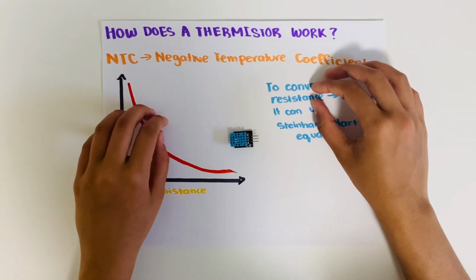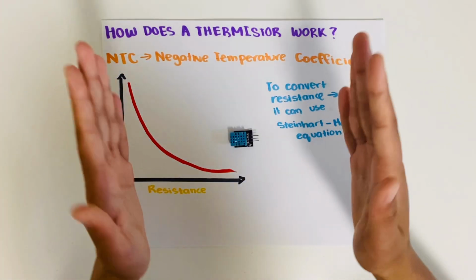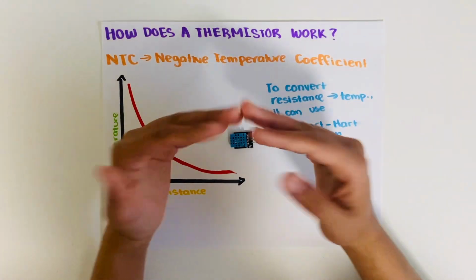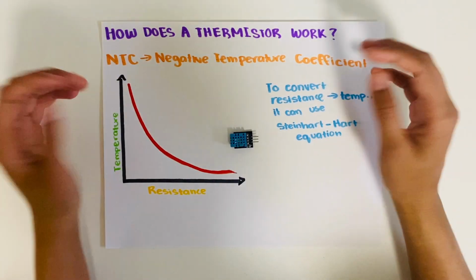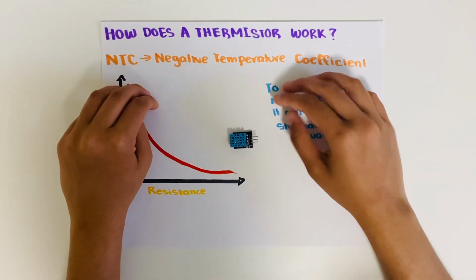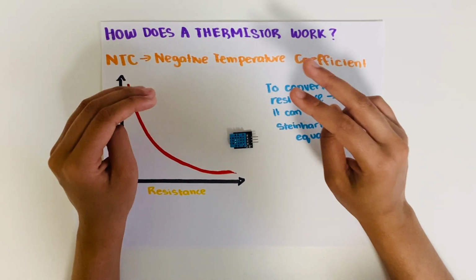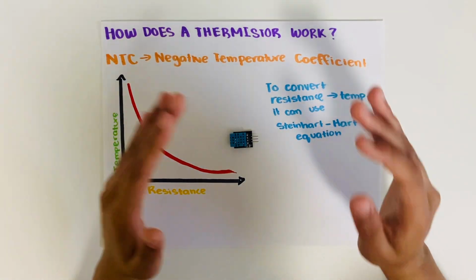Well, let's dive in. So basically, the temperature is calculated using a thermistor, which is basically a thermal resistor. So it's a resistor that changes its resistance depending on the temperature around it. There's 2 different types of thermistors. There's NTC and PTC thermistors. And the difference between the two is based on the correlation between temperature and resistance.